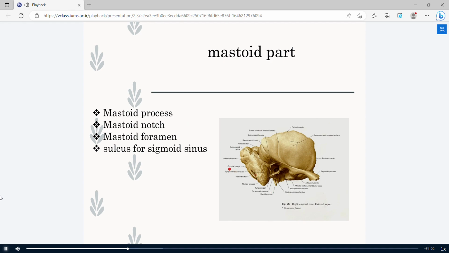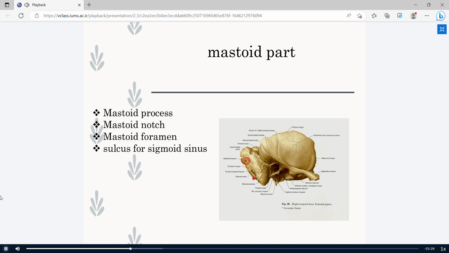And in the mastoid portion, there is a foramen, the mastoid foramen, for passing the emissary vein. It connects the venous drainage in the outer and inside of the skull. And finally, medial to the mastoid notch, there is a groove.